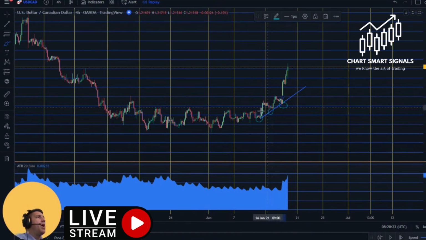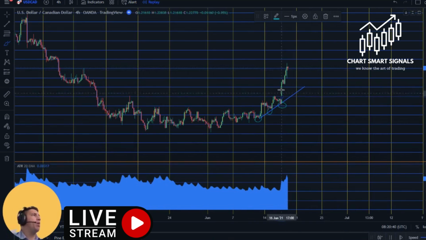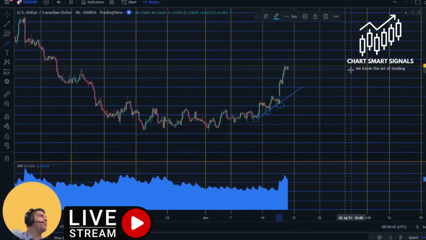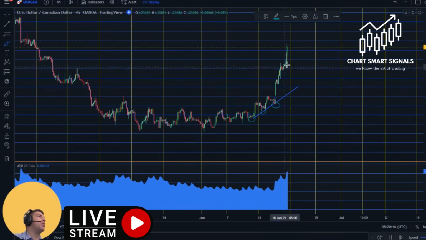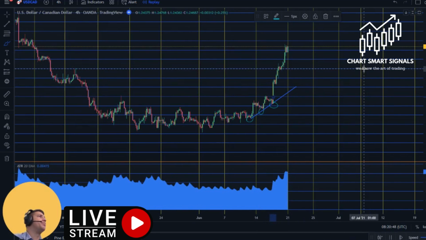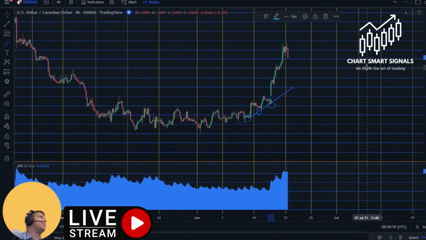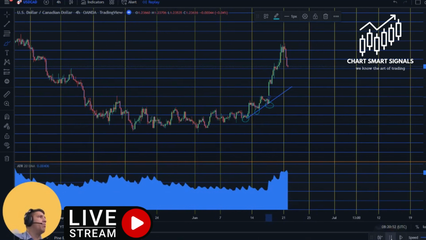With the lateral movement and small candle movement, there was going to be a volatile upward breakout at some point where we would see an increase in price, and that is what we've just seen over here. Perfect. So most definitely a profitable trade. Look at that. That was a brilliant one.